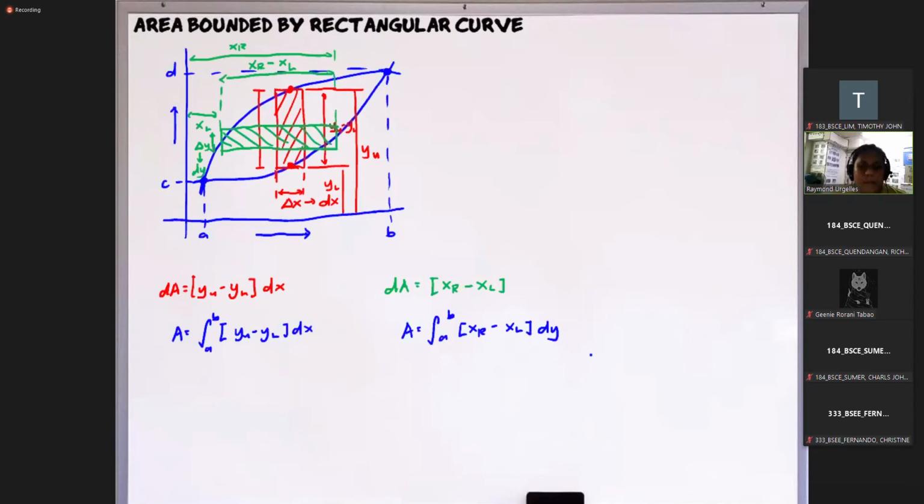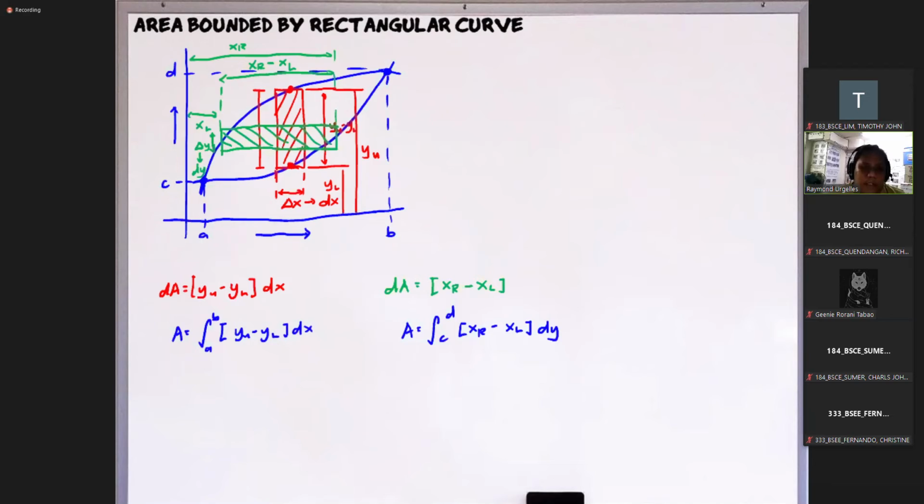Sorry, this will be from C to D instead, because our rectangles go upward. So from C to D. That is the area bounded by the curves.